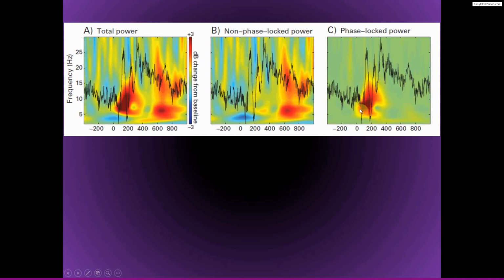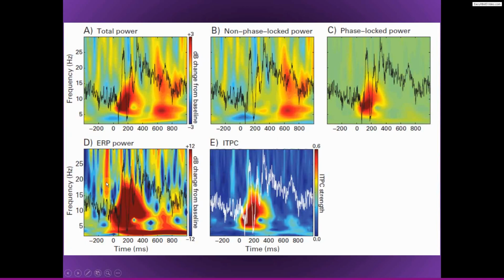Okay, so some people would say that this is a reflection of the ERP. That is, in some sense, partly true, but you can see there's also a lot more happening in the ERP than what you can really readily see in this plot. So I don't think it's really fair or accurate to say that the phase locked power is the ERP. There's more in the ERP than you would see just in this phase locked power. But they do tend to map on here.